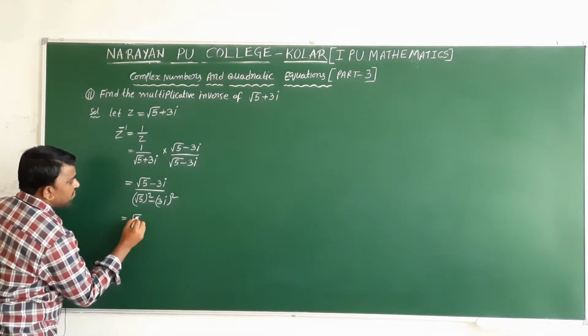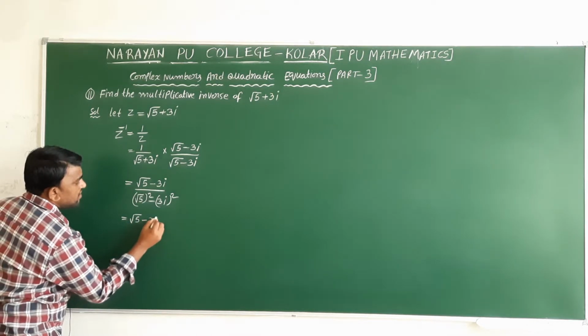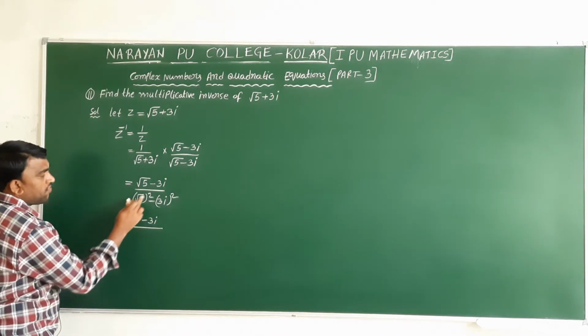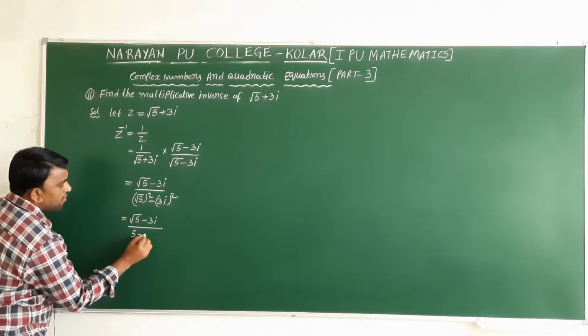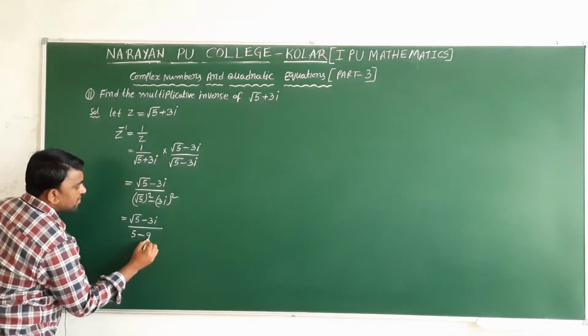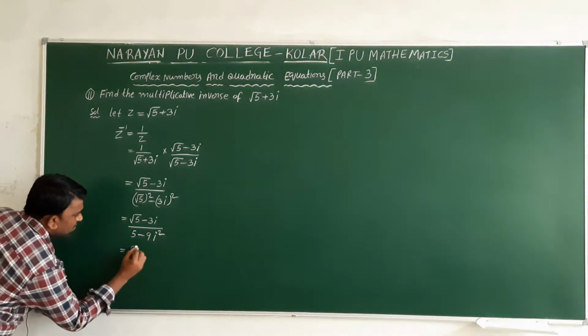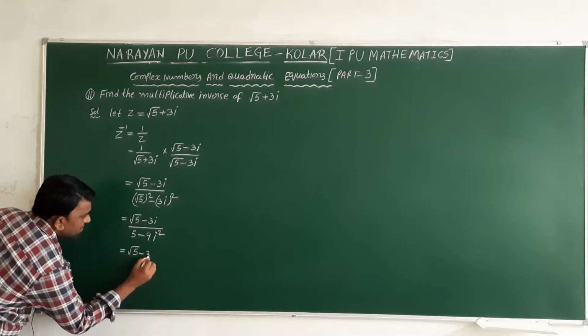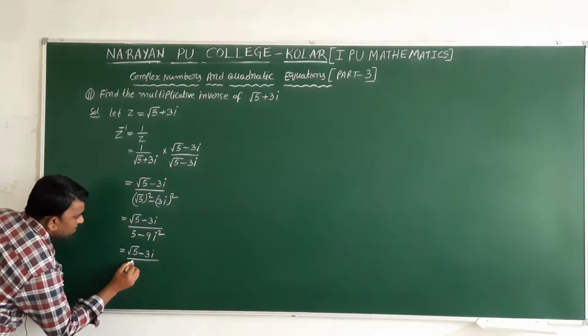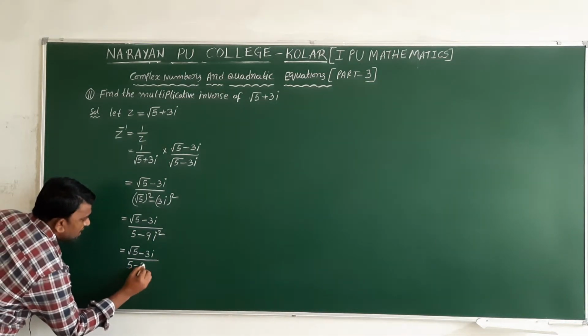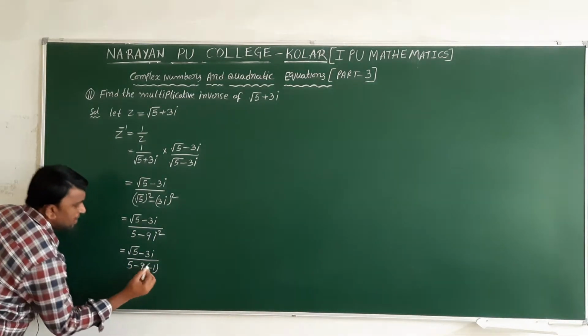Numerator as it is, root 5 minus 3i. Root 5 whole square is 5, minus 3 square is 9 into i square. So 5 minus 9, and the i square value we know is minus 1.